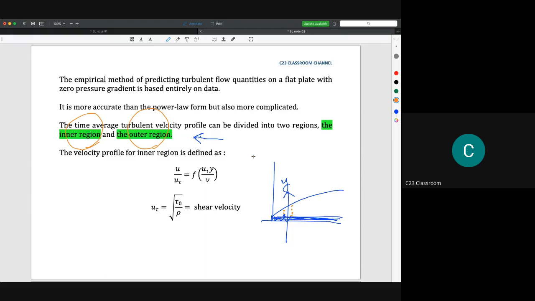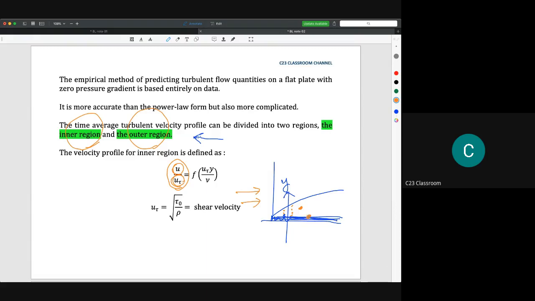So for example, we need to calculate u over u tau here. The u is the velocity that is influenced by the free stream velocity, and u tau here is the velocity that is influenced by the shear stress.